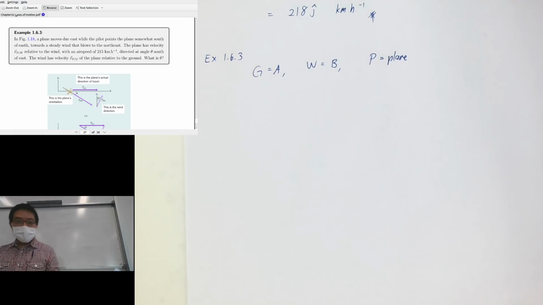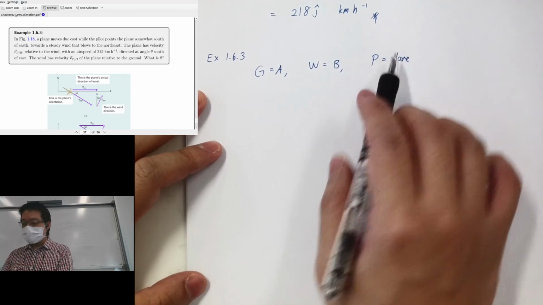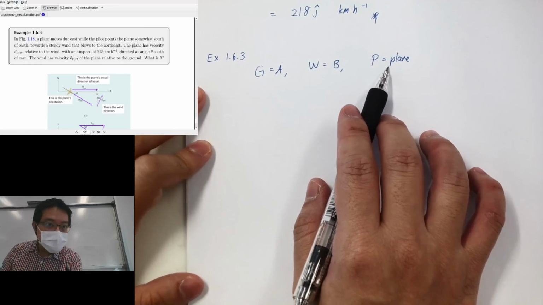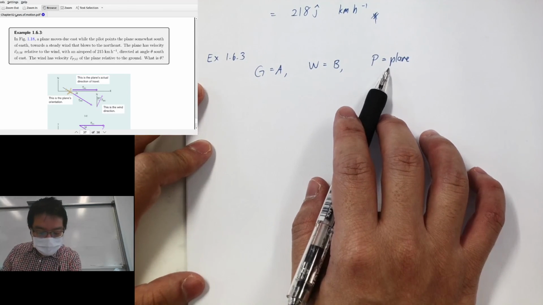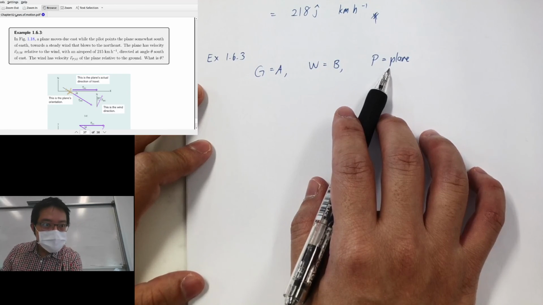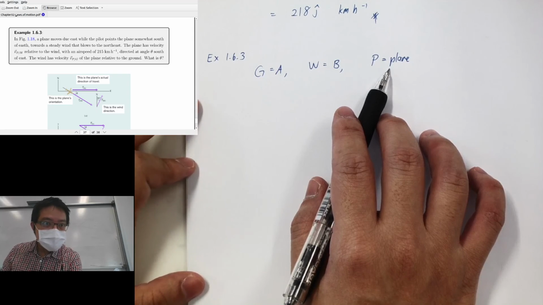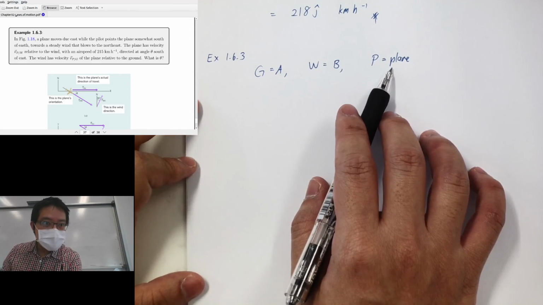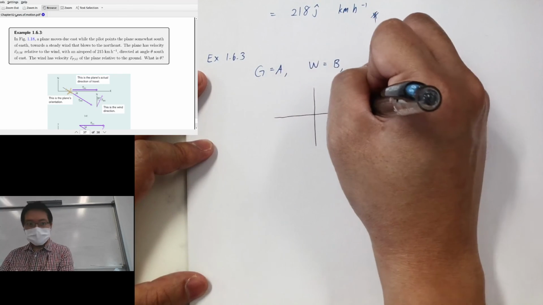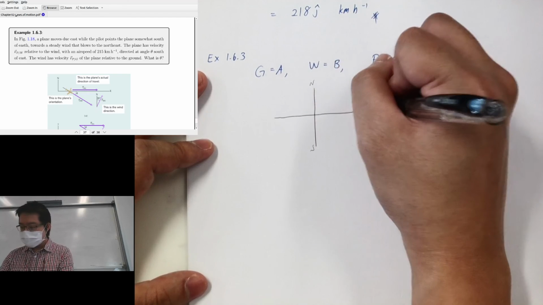According to the information, the plane moves due east, but the pilot is pointing the plane somewhat south of east. So we get this picture over here: north, south, east, west.